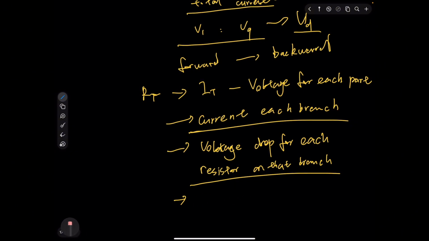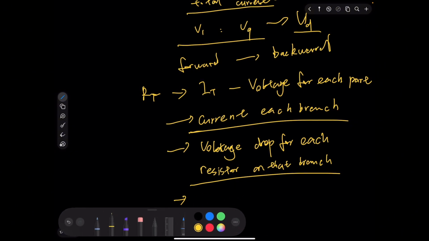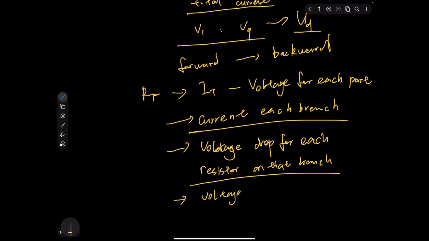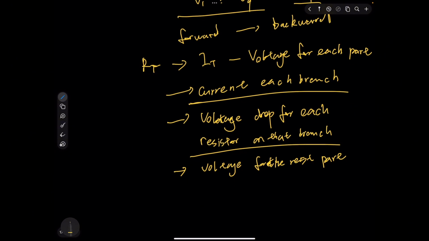So we already have the current, so we get the voltage for the rest. So that's the idea of how we solve the combination circuit, especially for the very complex ones.